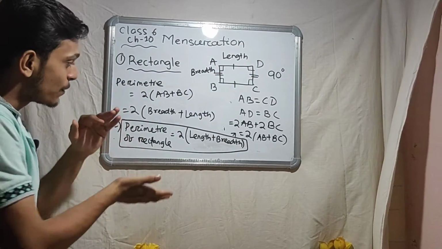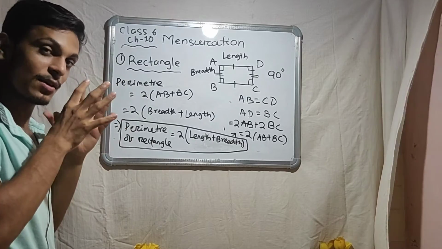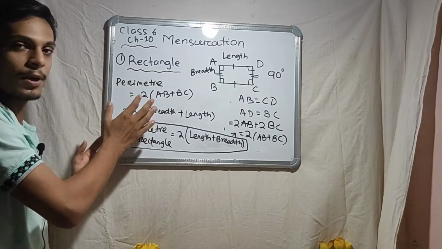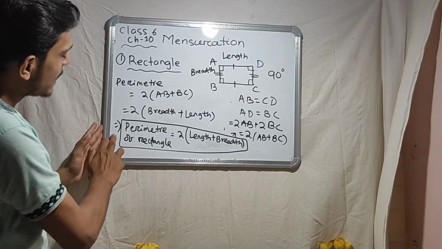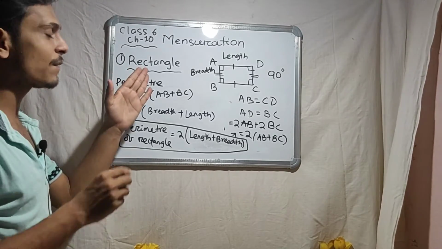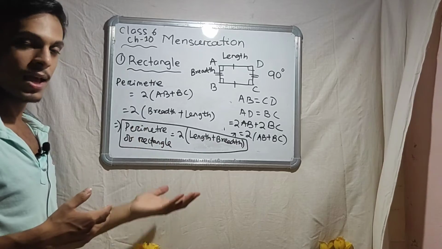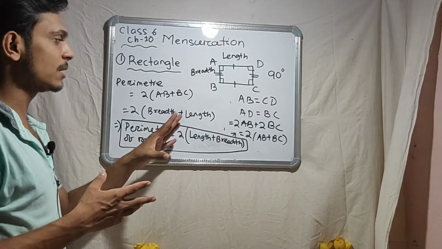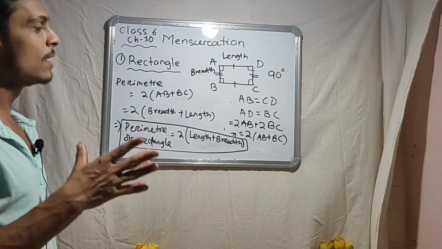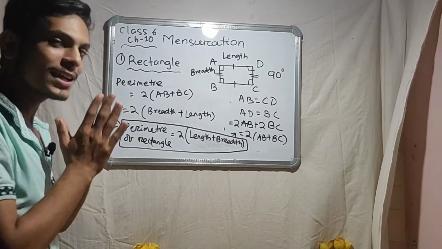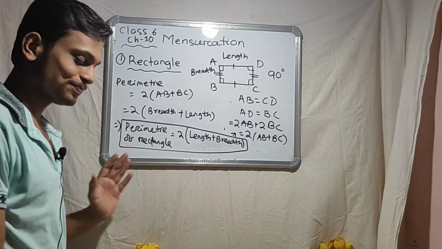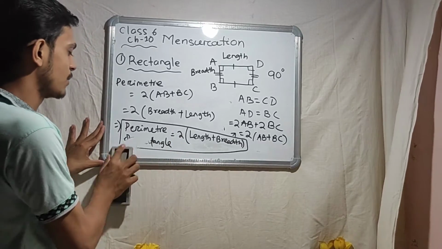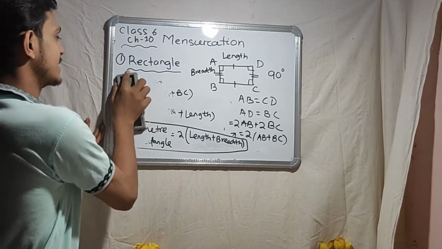This is the basic concept, and from it we can find the formulas. In this way there are many formulas for the perimeter of a square, circle, triangle, equilateral triangle, and polygon. The basic concept is the sum of the lengths of all the sides. So this is the formula for the perimeter of a rectangle.